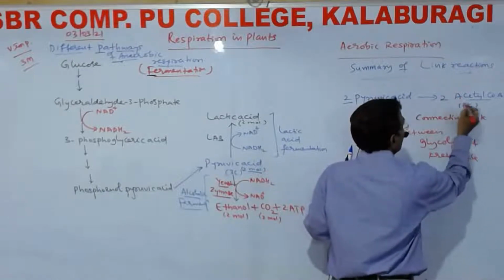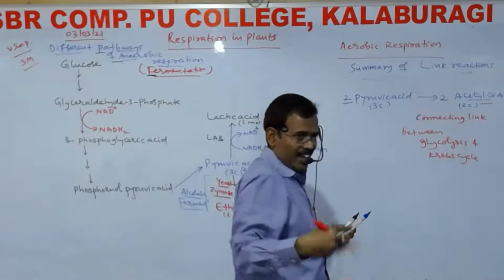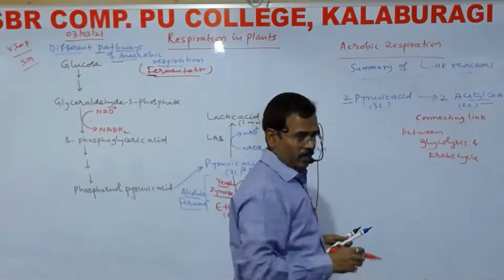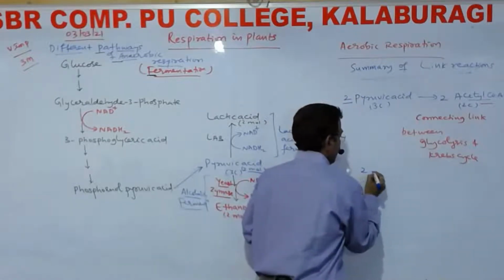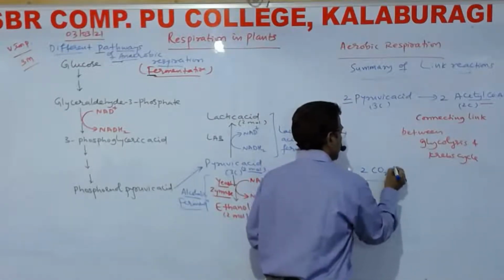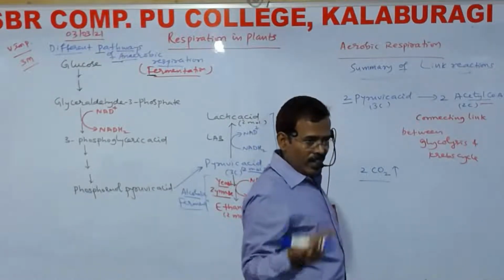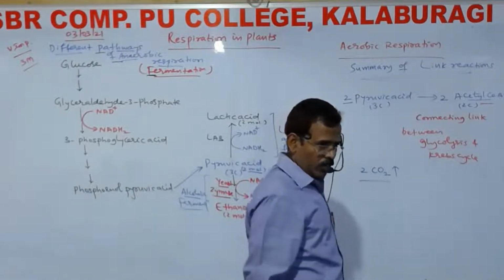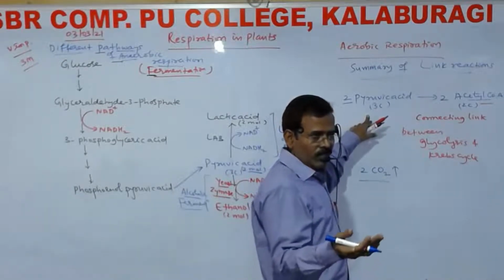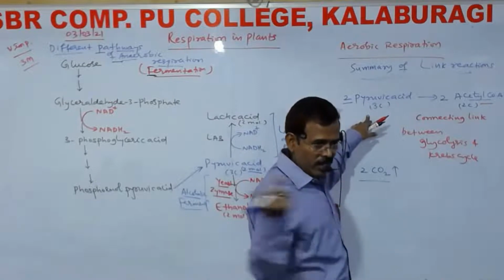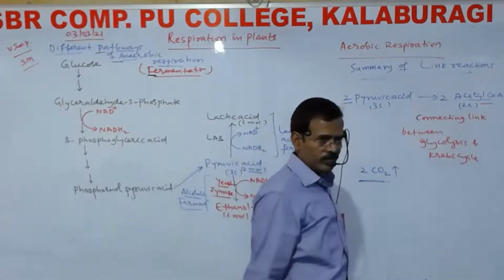So this acetyl coenzyme will enter the Krebs cycle. Then in this preparatory step, there will be liberation of 2 carbon dioxide molecules. 1 pyruvic acid on decarboxylation gives 1 carbon dioxide. 2 pyruvic acid undergo 2 decarboxylation steps. The reaction where carbon dioxide is removed is decarboxylation. So 2 carbon dioxide are removed.